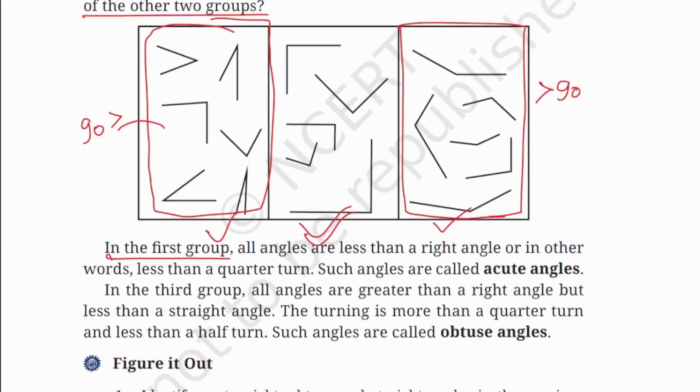In the first group, all angles are less than a right angle, or in other words, less than a quarter turn. Such angles are called acute angles. Okay, these are acute angles.